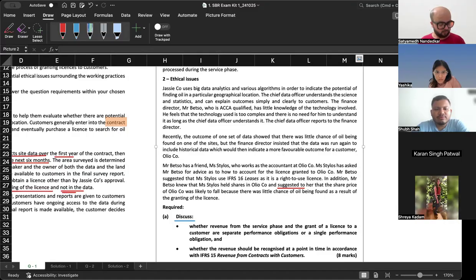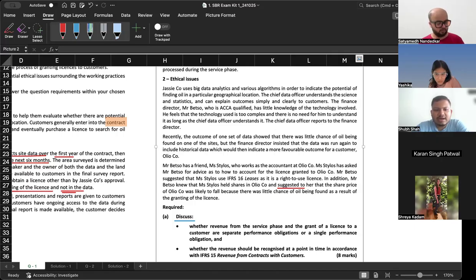Recently, the outcome of one set of data showed that there was little chance of oil being found on one of the sites, but the finance director insisted that the data was run again to include historical data, which would then indicate a more favorable outcome for a customer, Oleo Company. Mr. Betso has a friend, Miss Stylos, who works as the accountant at Oleo Company.